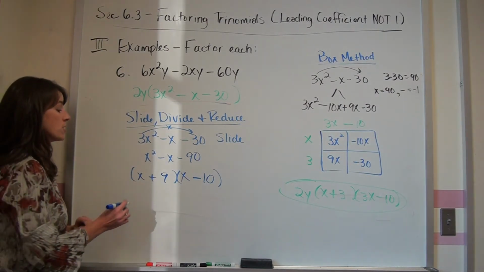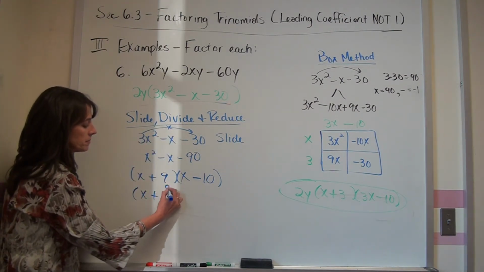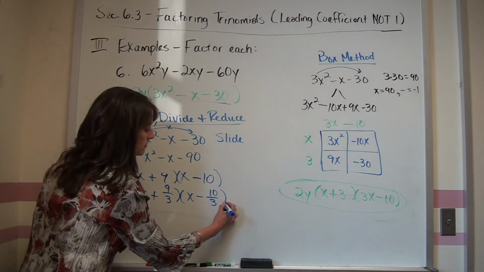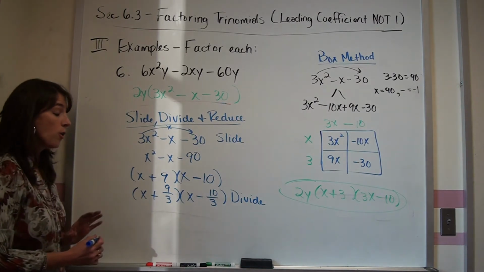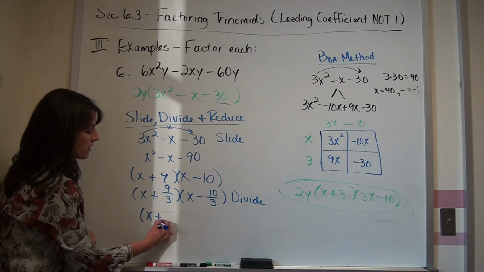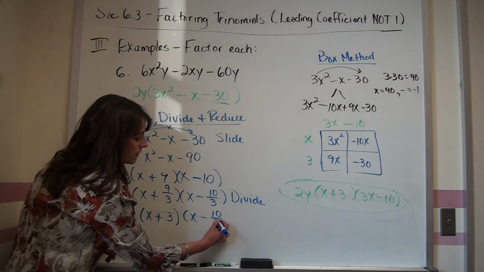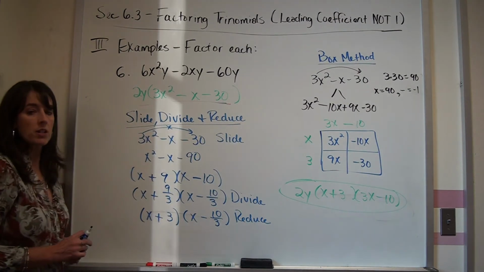So now I'm going to divide that 3 back in because I don't want to lose it. There's the divide. And now I need the all-important reducing so that I make sure everything clears out properly. 9 divided by 3 is 3. There's the reduce. And now I'm just going to clear out those fractions.